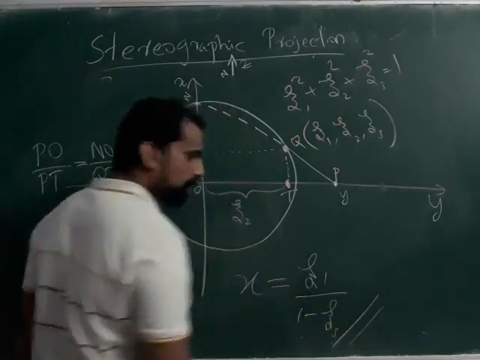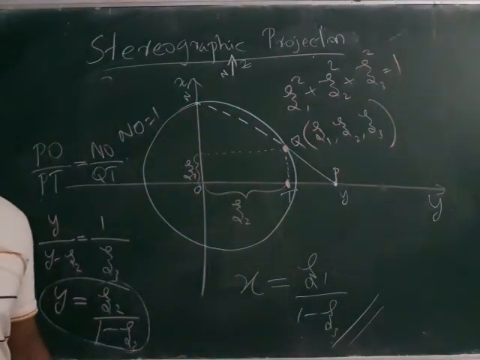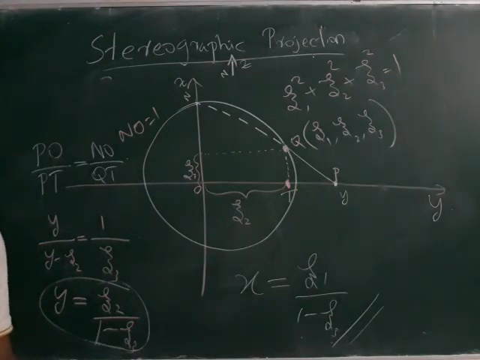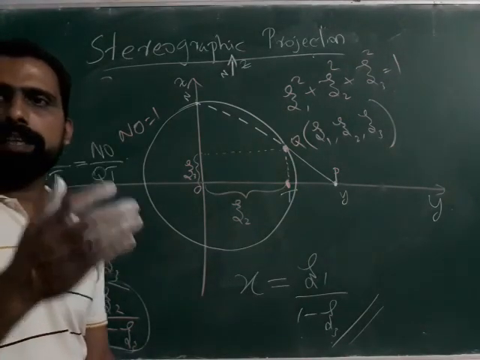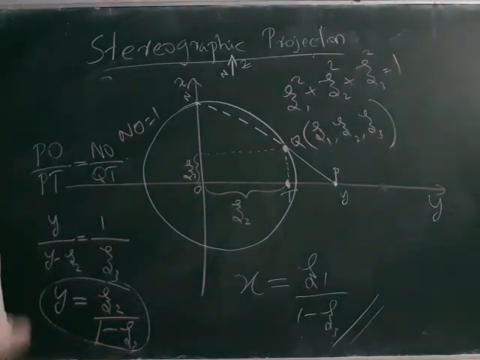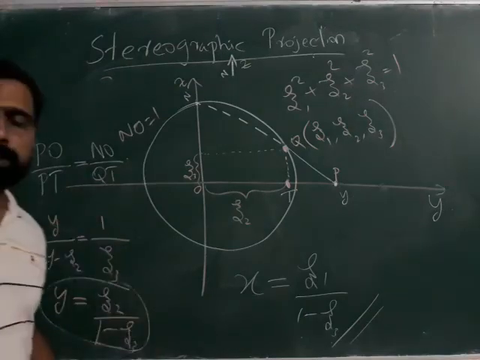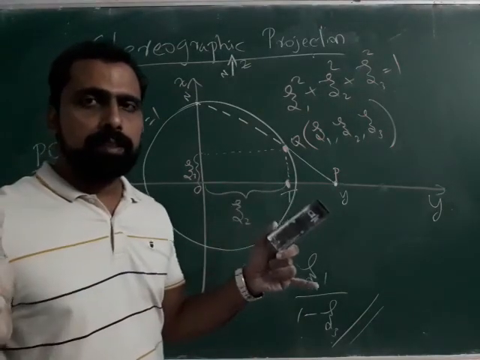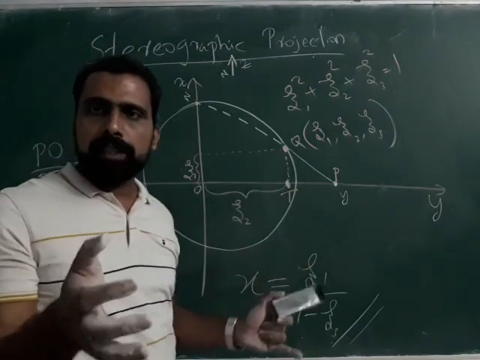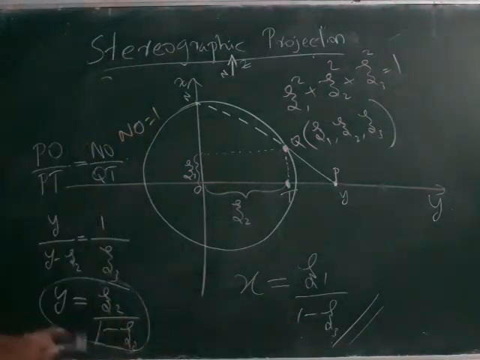So now you will understand, or you can get a real picture of when x or y is going to infinity, meaning it is intersecting the points on the sphere. And one more thing, this sphere that we used to make the stereographic projection is called the Riemann sphere.